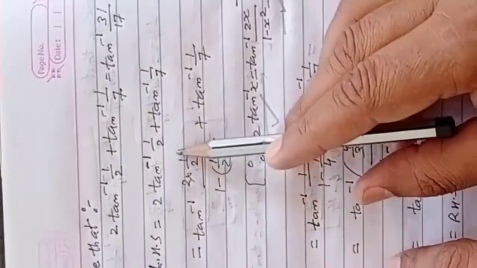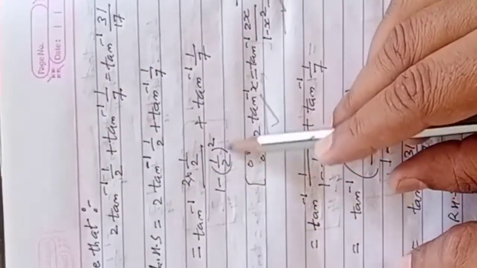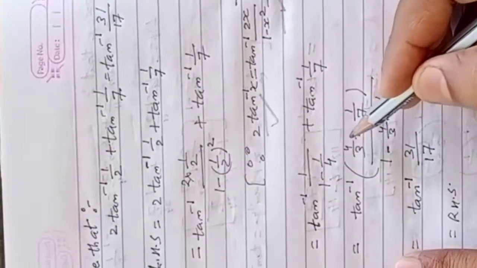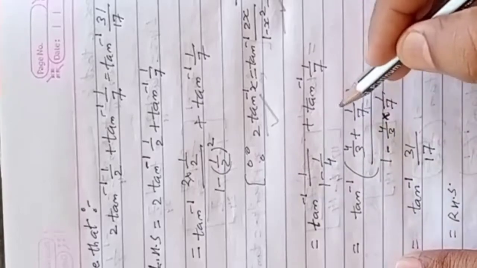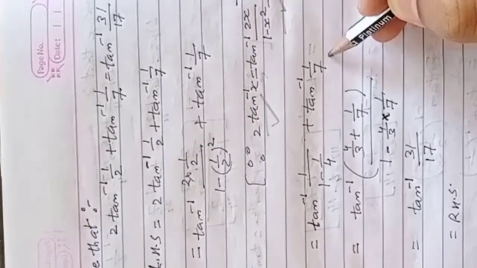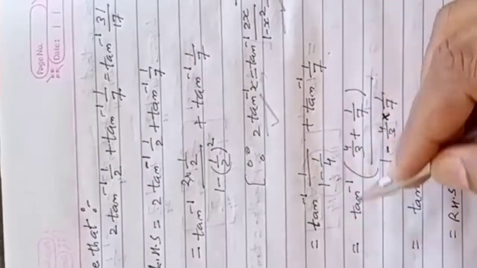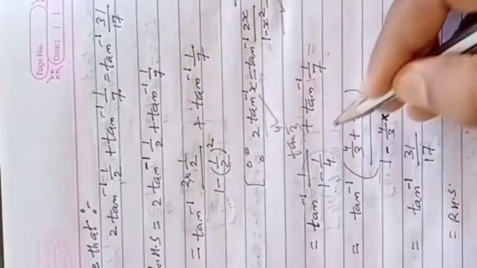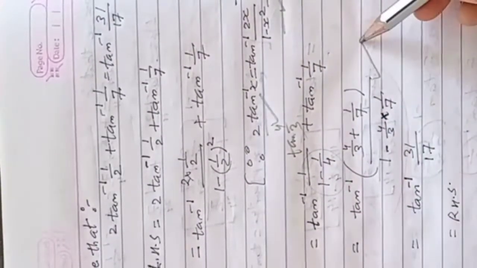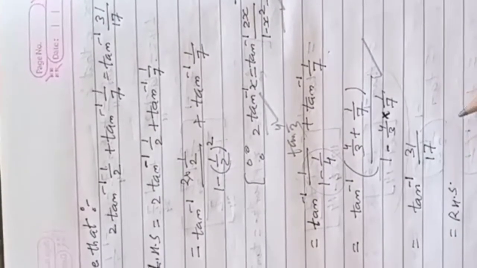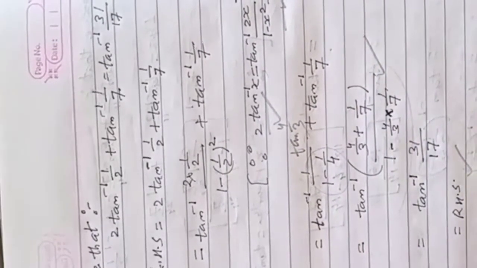So tan inverse of 2 into 1 upon 2 upon 1 minus 1 upon 2 whole square, plus tan inverse 1 upon 7. When we simplify this, tan inverse 4 upon 3 will come here. Then we apply the tan inverse x plus tan inverse y formula. So tan inverse 31 upon 17 will come, which is equal to the right hand side. So left hand side is equal to right hand side, hence it is proved.